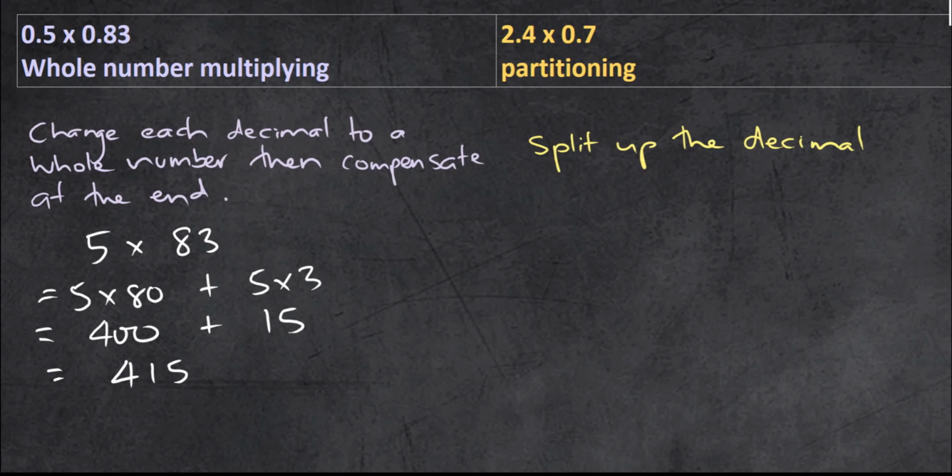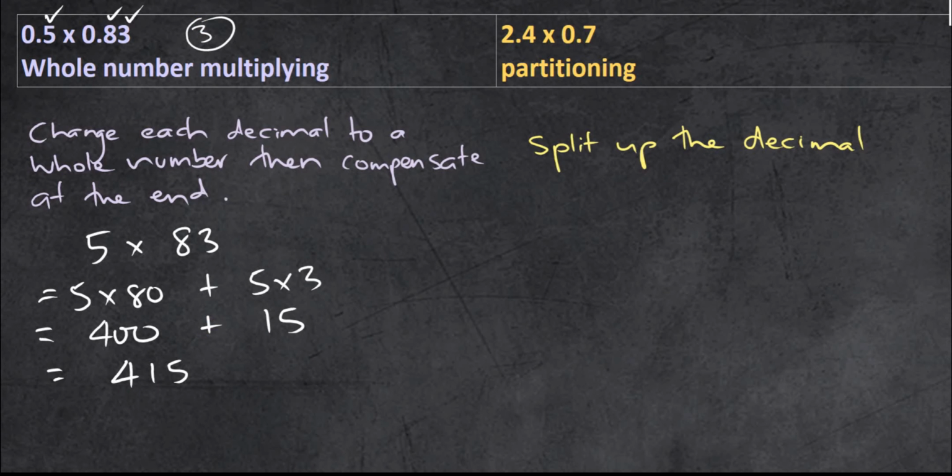And at this point you want to look back at the original problem and count how many digits there are to the right hand side of the decimal point in both numbers. So if you look at the 0.5 there, that's 5/10, so we've got 1. 0.83, there are 2 digits there, so in our answer there needs to be 3 digits to the right hand side of the decimal point.